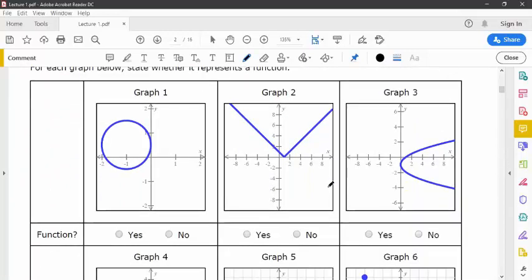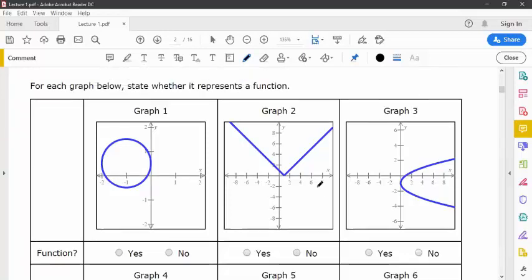Now, anytime we're given graphs and we're asked to identify whether or not it represents a function, we use something that's called the vertical line test. So keep in mind the definition of a function. A function is a relation where each domain value corresponds to a unique or single range or y value.